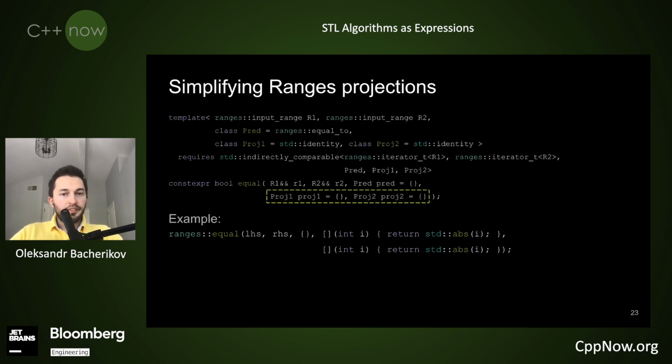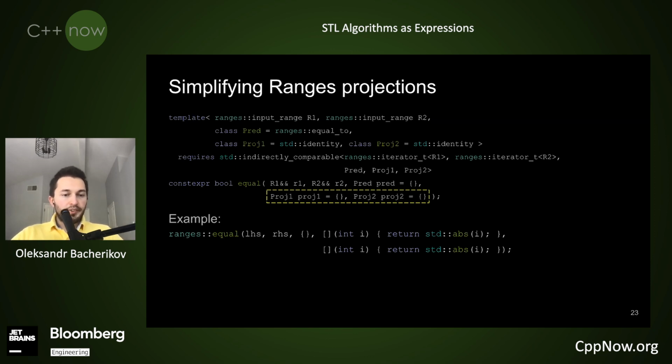Another feature of the ranges library is projections. For example, for equality, you can specify two projections that are applied to input ranges before they are actually compared for equality.